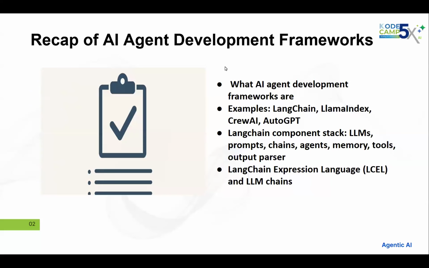But before we get into the business for the day, like we usually do, we start with a recap of the previous week or the previous day, as the case may be. So who can give us a recap of what we talked about concerning agentic development frameworks and LangChain expression language and LLM chains?